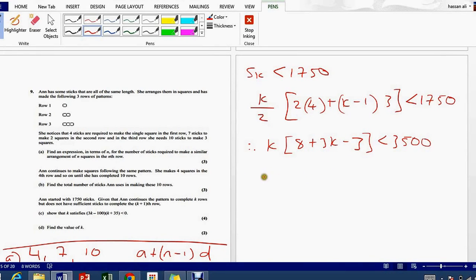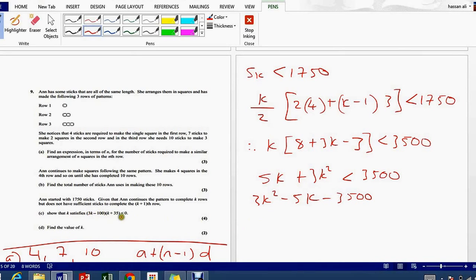Now if I simplify this, I have 8 minus 3, which is 5, so that will give me 5k plus 3k squared, and all of this has to be less than 3,500. Now you should be able to see there's a quadratic being formed, so if I take that back and rearrange it so that it looks like a quadratic, minus 3,500.